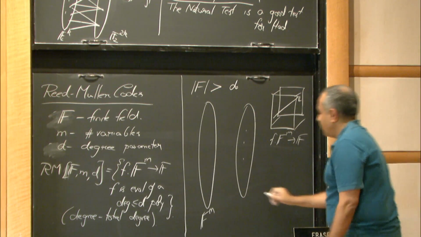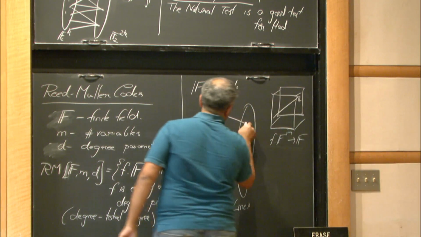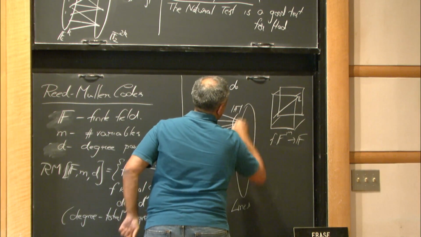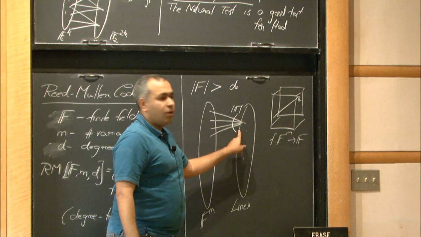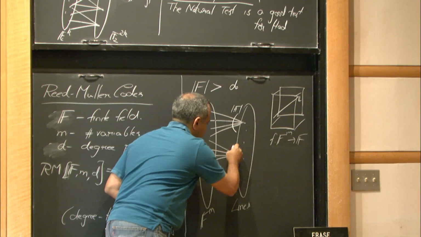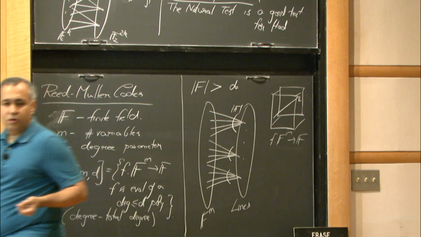So on the right hand side I'm going to put the set of all lines, and each of them sees |F| points, and what each line sees should be the evaluation of a univariate polynomial.